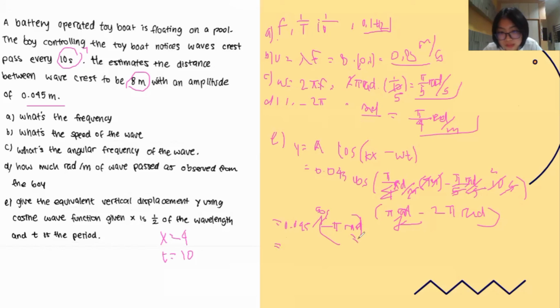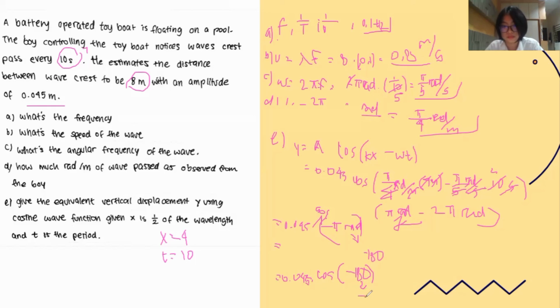Negative pi rad will be equal to negative 180 degrees. So 0.045 times cos negative 180.